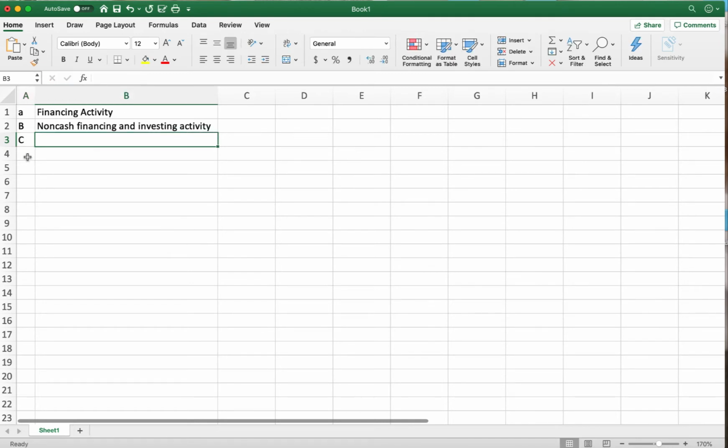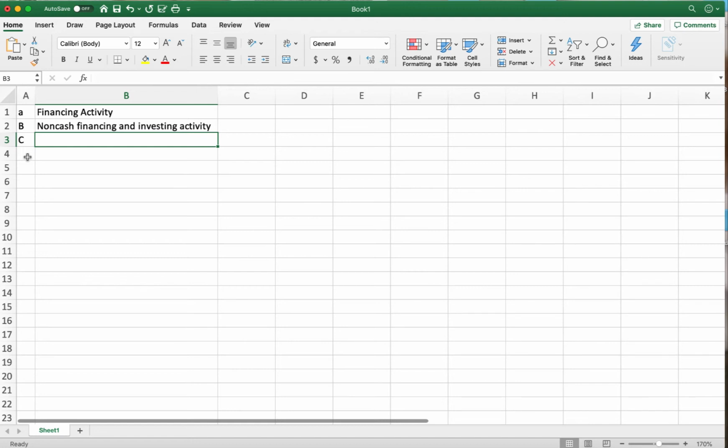C says issued $200,000 par value common stock upon conversion of bonds having a value of $200,000. Well, if you didn't memorize the slides like I had suggested, it's okay. We don't need to memorize that stuff, right? We can logically think it through. What did we do? Well, we took bonds, which is a financing activity, and we took common stock, which again is a financing activity, and we just kind of switched the two out, right?